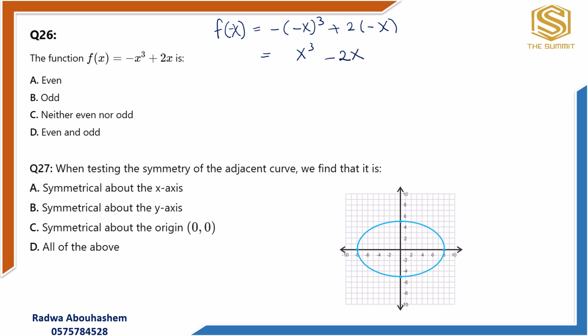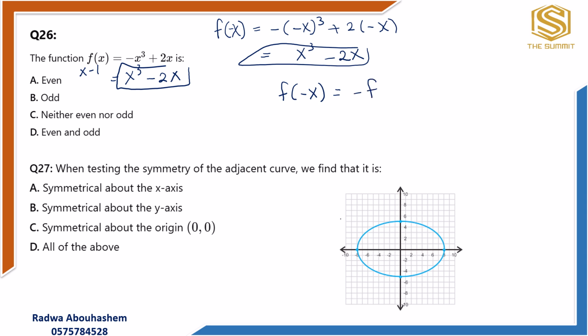This is not the same as the original, so let me check if I multiply the function times negative 1, what should it give me? It gives me x power 3 minus 2x. So this means that the function of negative x equals the negative of the function of x, which means it's odd.